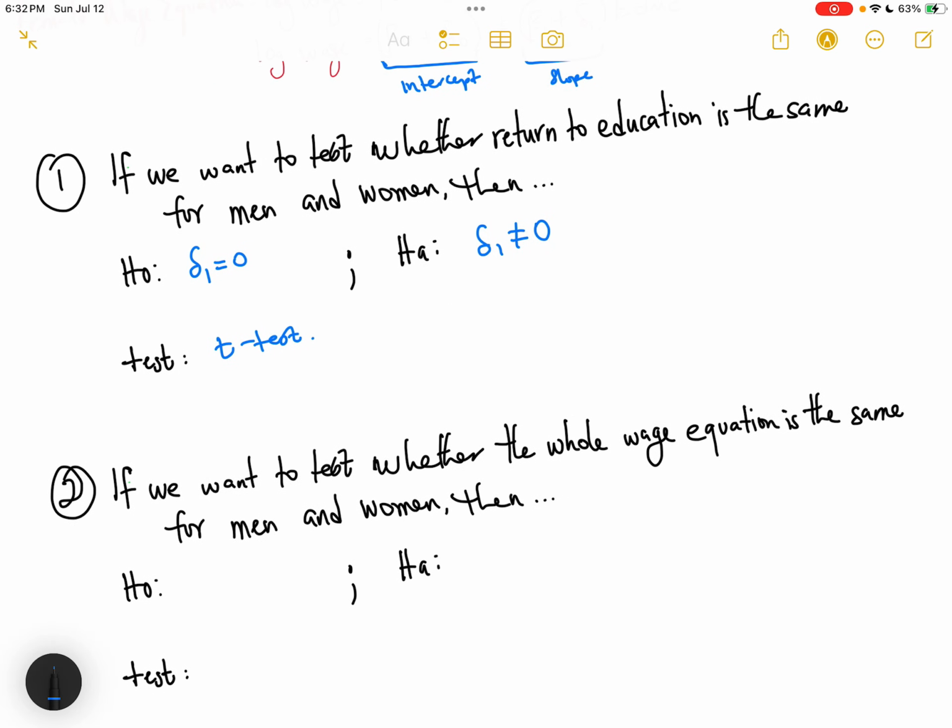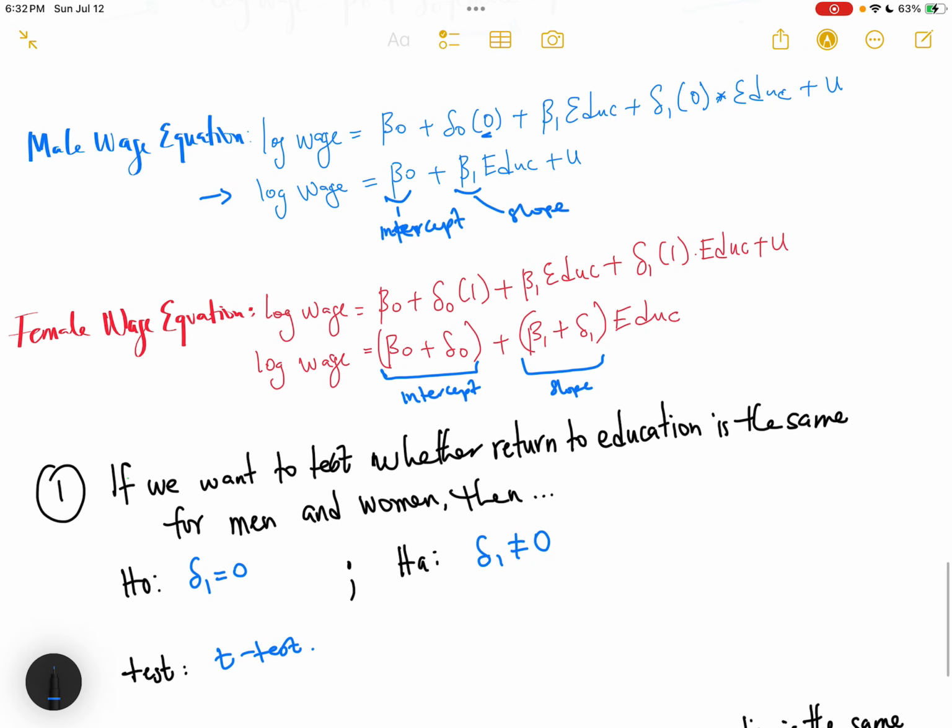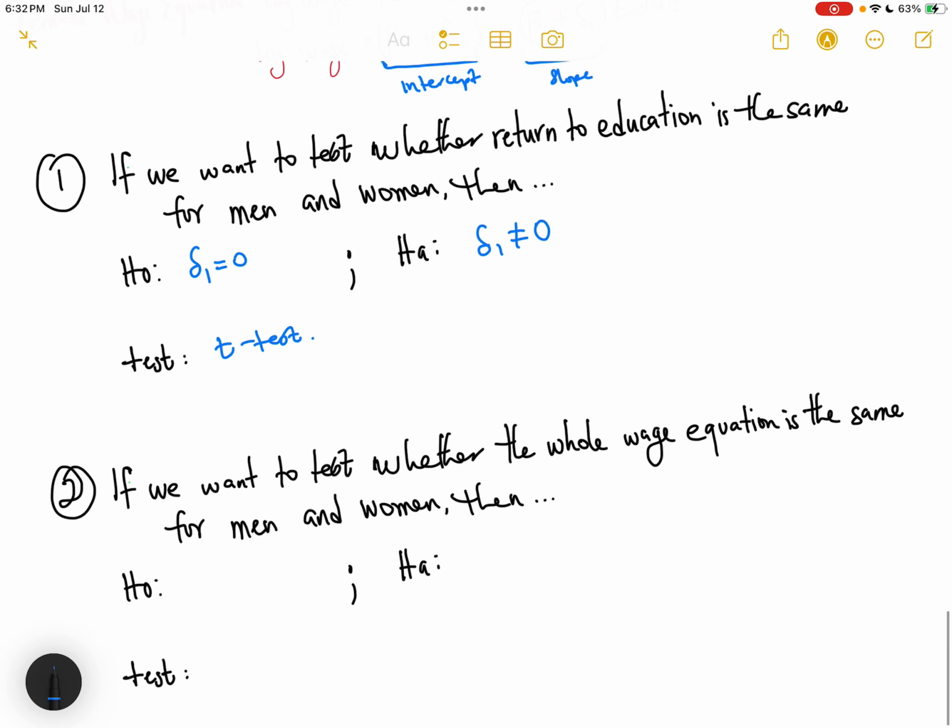Now, if we wanted to test whether the whole wage equation for males and females, or for men and women, were the same, then we are looking to see if the intercept and the slopes in the two equations, the one for males and the one for females, are the same.